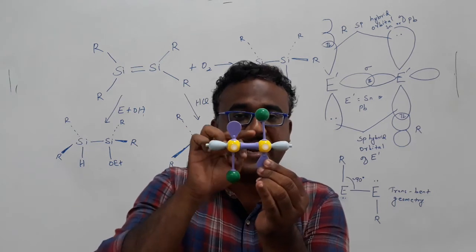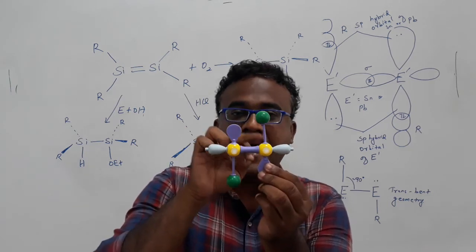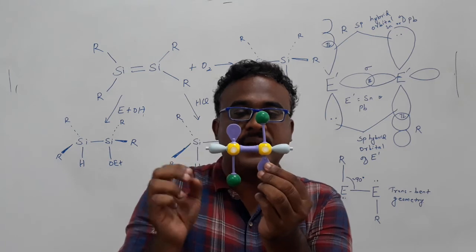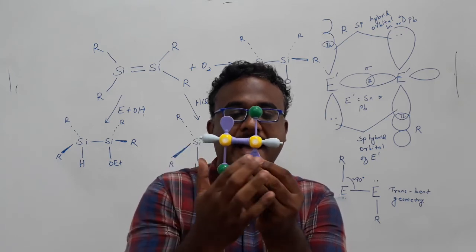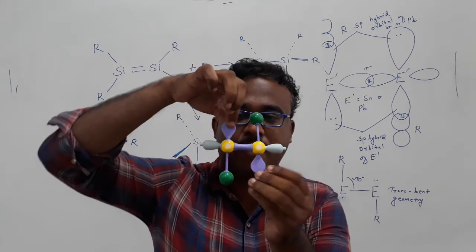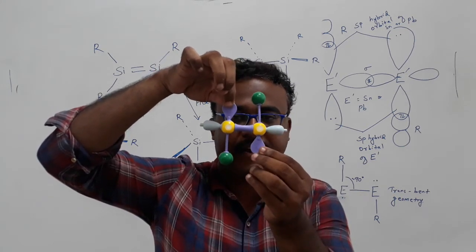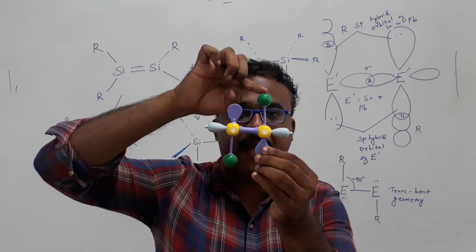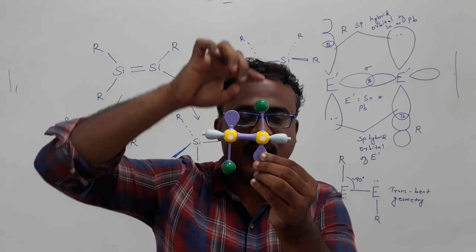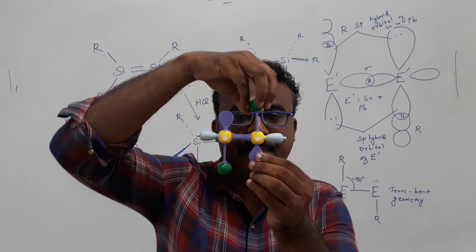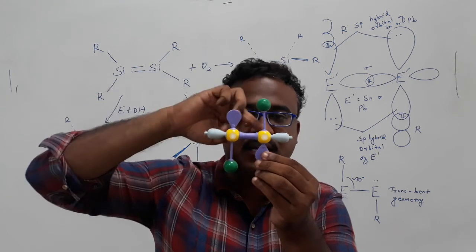This type of bonding can happen only with tin and lead, mostly lead, because you have a pair of electrons in an sp hybridized orbital, and the opposite sp hybrid orbital has an unpaired electron, used for overlapping with the p orbital to form a sigma bond.